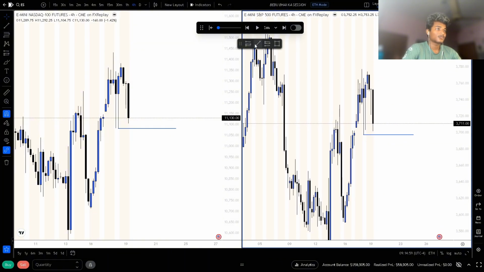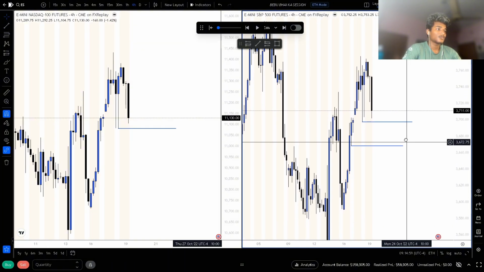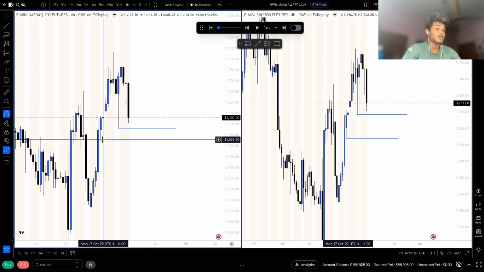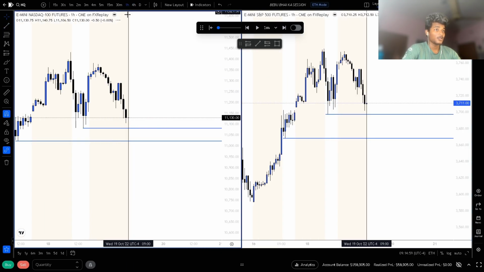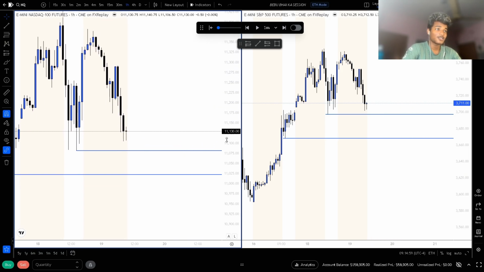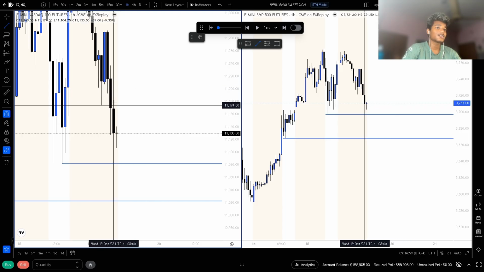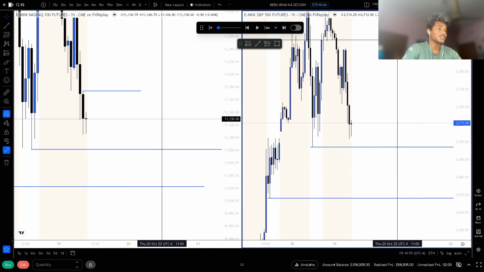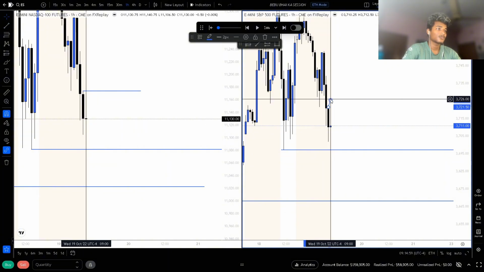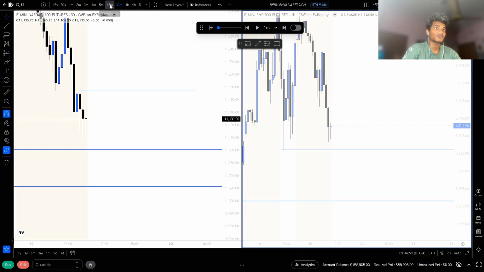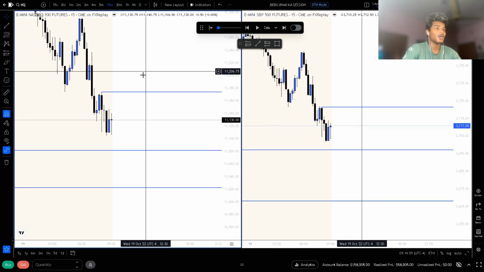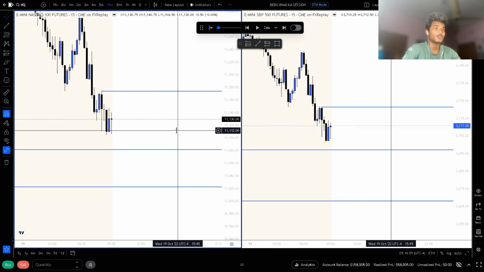So market may dump till this unmitigated 4 hour gap, and I am also pretty much very bearish until this gets taken out, but I do want to retrace into this hourly to actually take shots of high probability. 30 minute, 15 minute. Yeah, I want a manipulation on the upside and then shots.